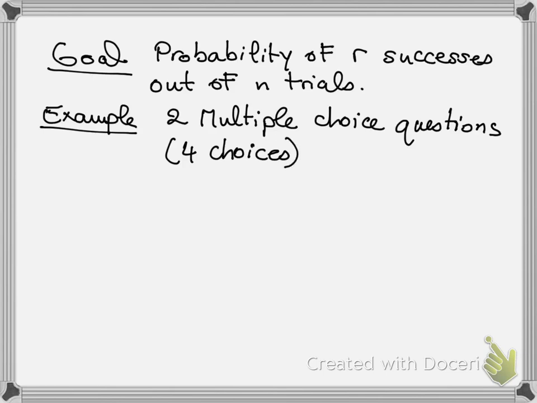And again, when you answer one question, the probability of success, P, we said, is 25%, right? Because each question has four choices, and there is only one correct answer out of four. And probability of failure, that you get the wrong answer, that's 75%.